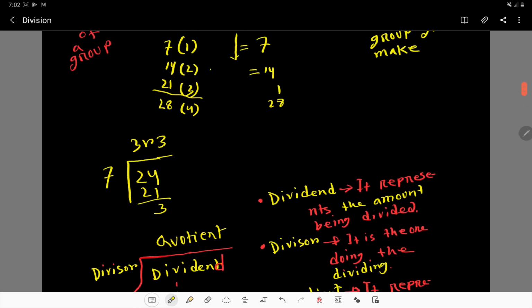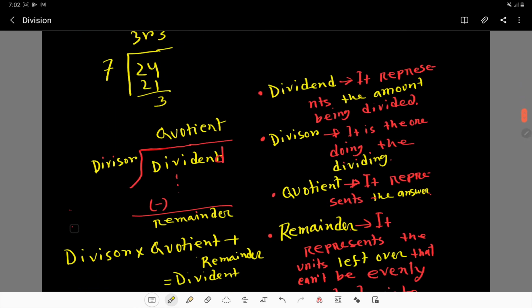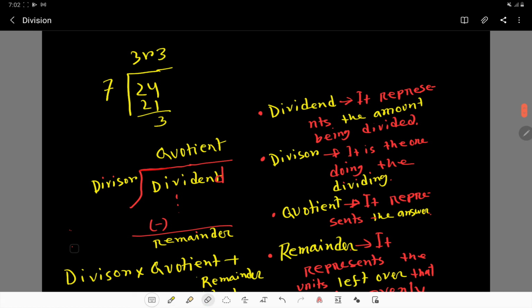Now check this formula: divisor times quotient plus remainder. Here the divisor is 7, times quotient 3, plus remainder.